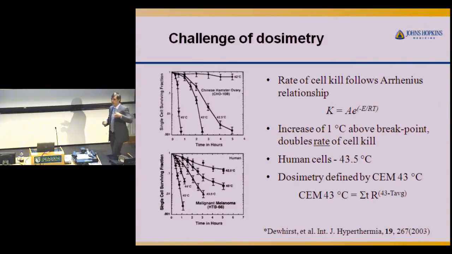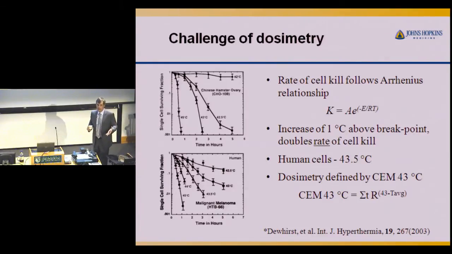For a given temperature above a certain threshold, the exposure time determines the dose, and therefore there is a predictable response. If I am at 37 degrees C, which is physiologic temperature, obviously there is no hyperthermic dose because that is the normal condition.